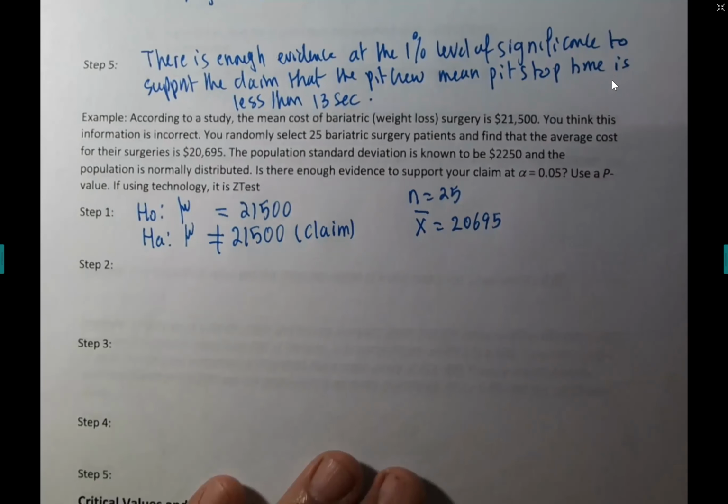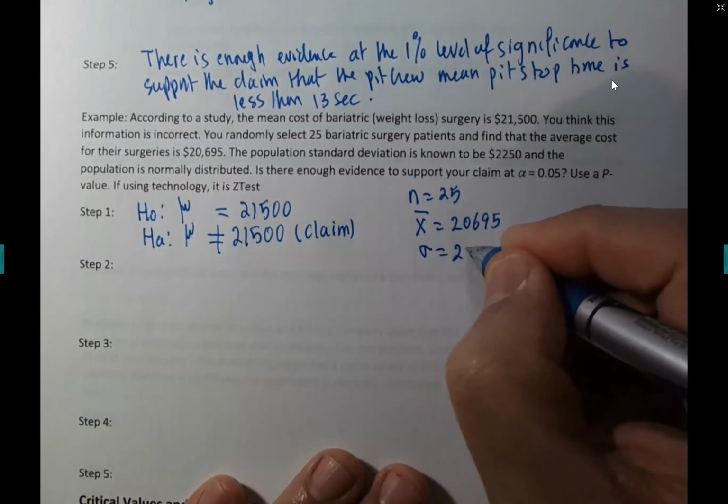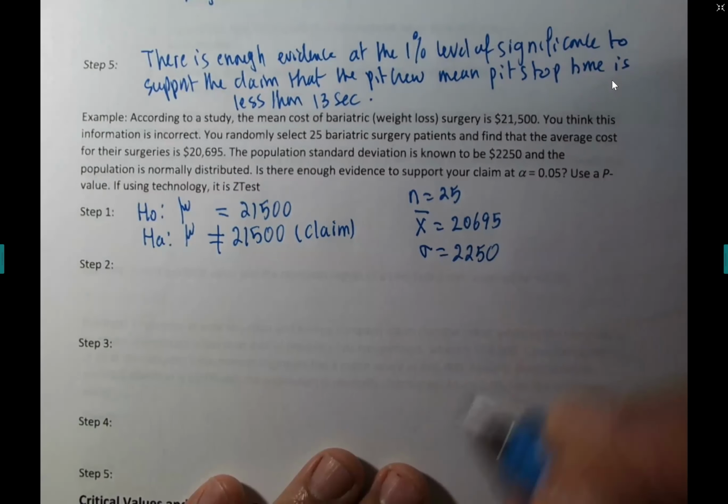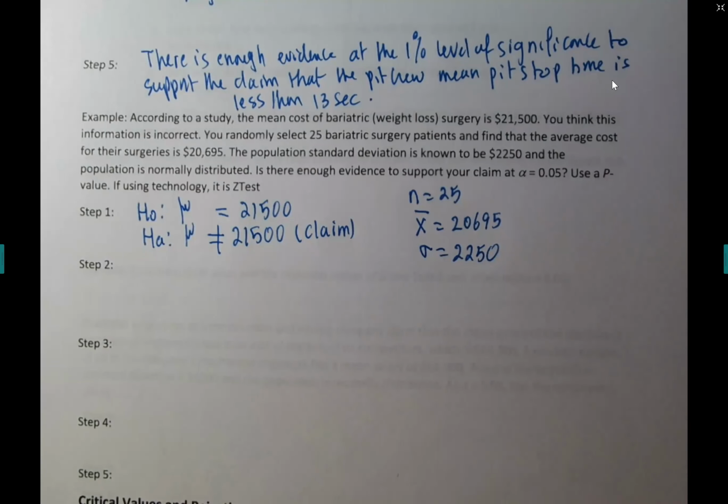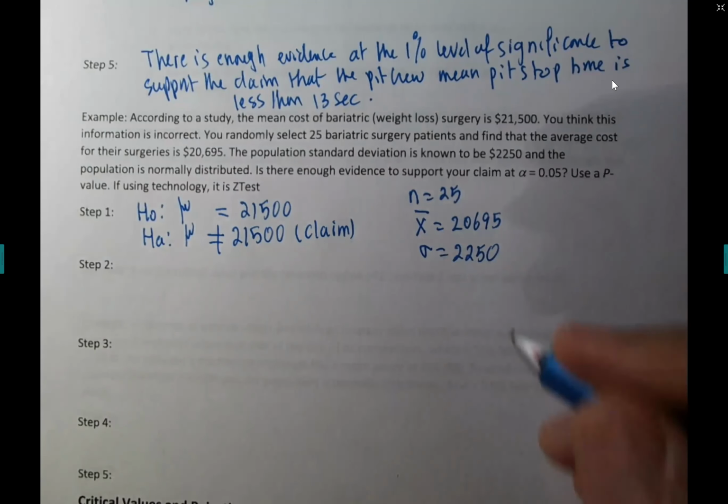It's 2250. And the population is normally distributed. He has to tell us that the original population is bell-shaped because the sample size is less than 30. Is there enough evidence to support the claim? So either you say there is enough evidence to support the claim or there is not enough evidence to support the claim at alpha equals 0.05.